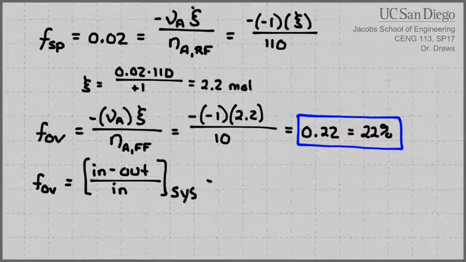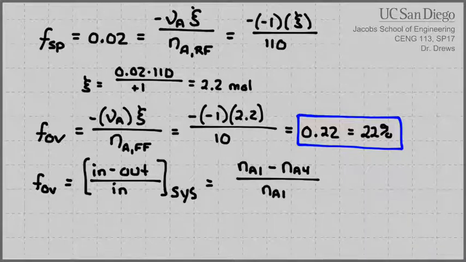So this would be the equivalent of determining the moles of A in stream 1, which we know, minus the moles of A in stream 4, which at the moment we don't know, but we do have enough information that if we walked through the entire process, we could figure it out. But we also know that this value has to be exactly equal to 0.22, because these two definitions of overall conversion will always yield the same result. So we can use either one of those.